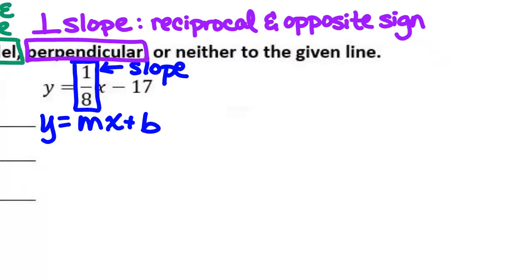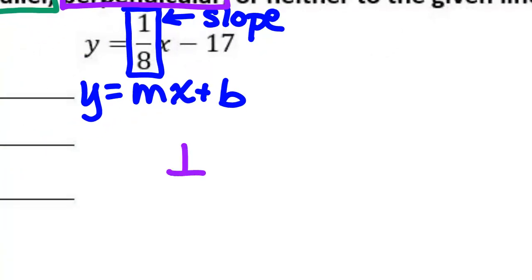My slope in this given equation was a positive or a negative? Positive. So when I do my perpendicular slope, it's going to need to be a negative. And then I have to take the fraction that they gave me and flip it over. So it was 1/8. Now it becomes what?